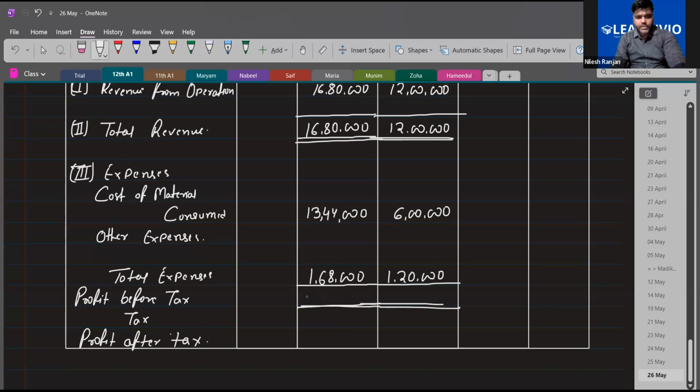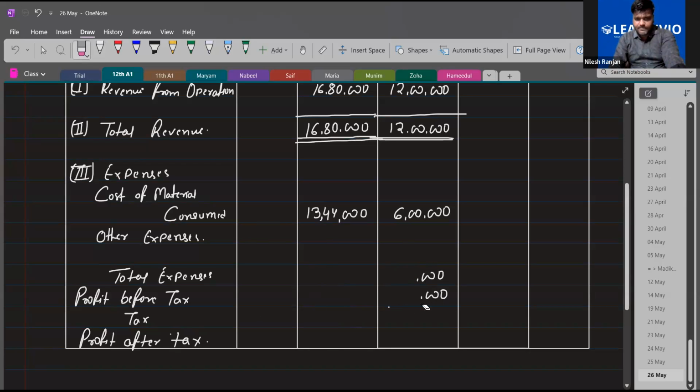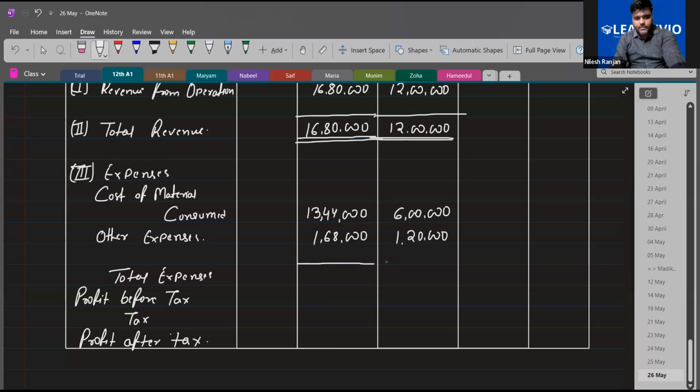Sorry, I had written the wrong amount. So total expenses are 15,12,000 and here it is 7,20,000.